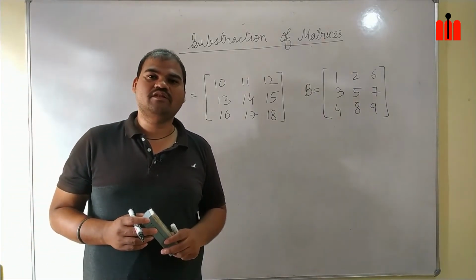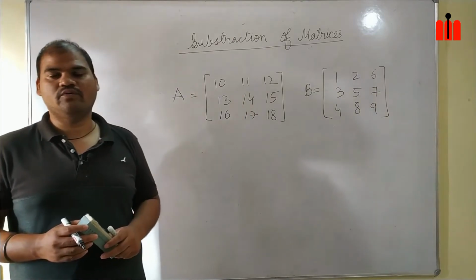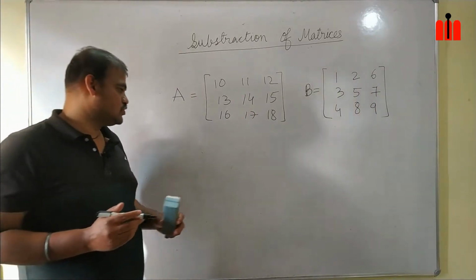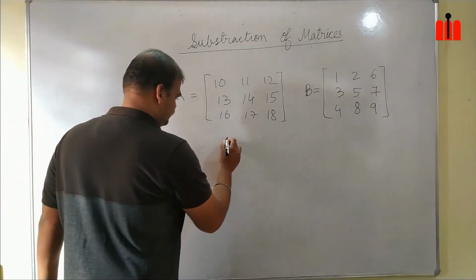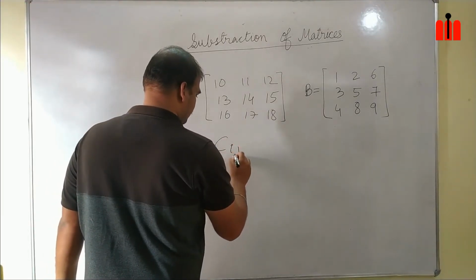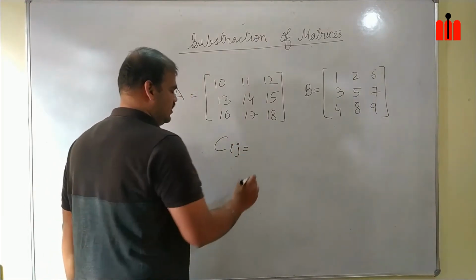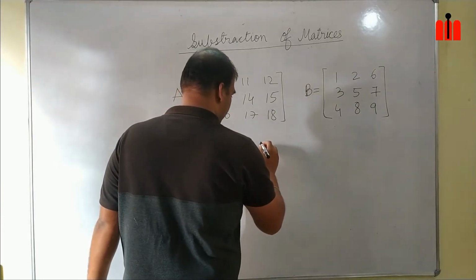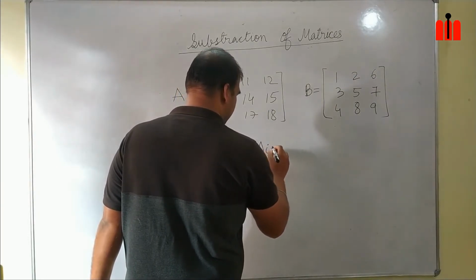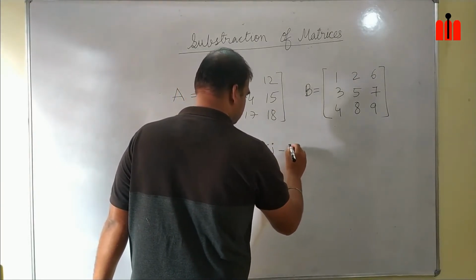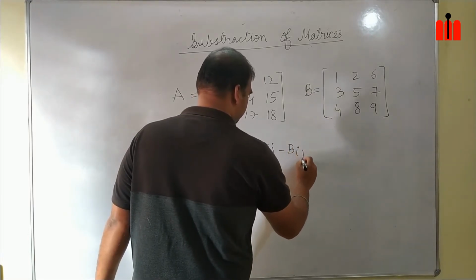Then how will it look? So my Cij will be Aij minus Bij.